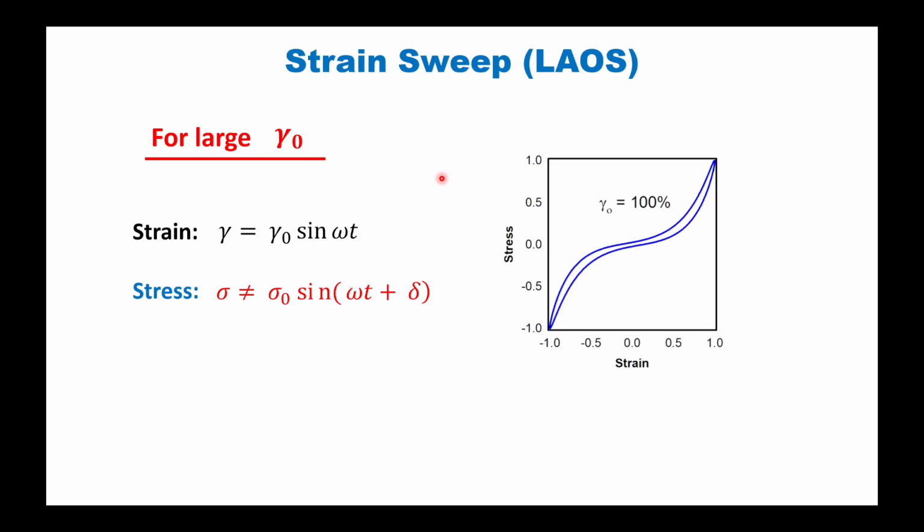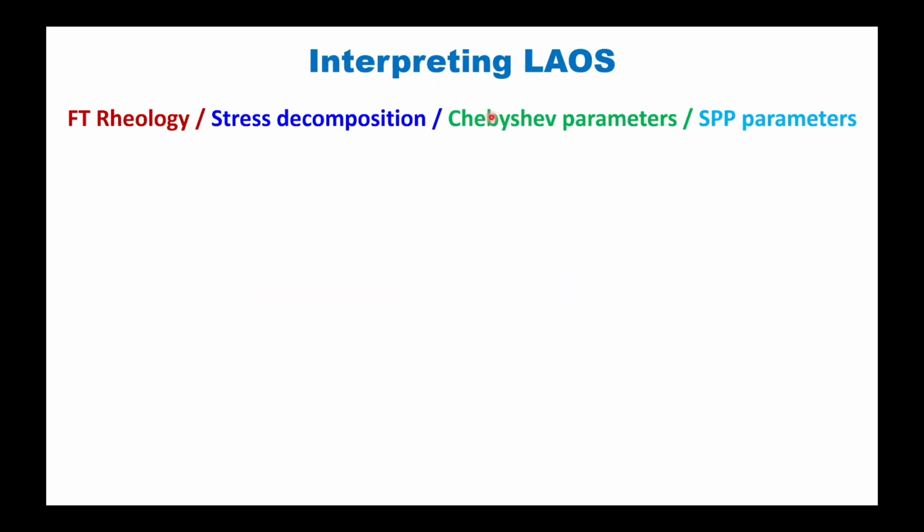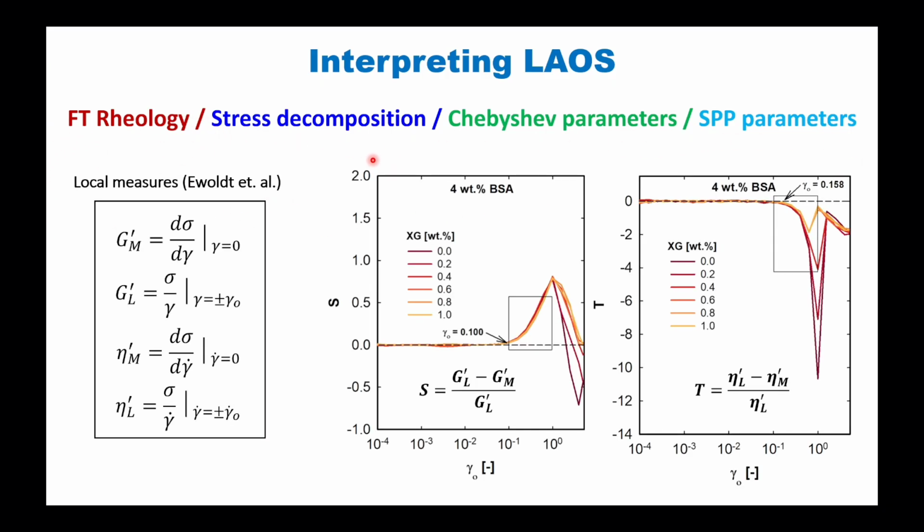So for example, if you plot the strain and the stress, the Lissajous curves, we no longer see an elliptical relationship. So to interpret results for LAOS tests, other approaches like FT rheology, stress decomposition, and so on are used.